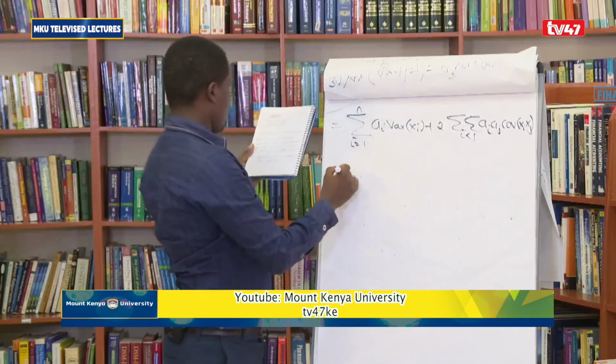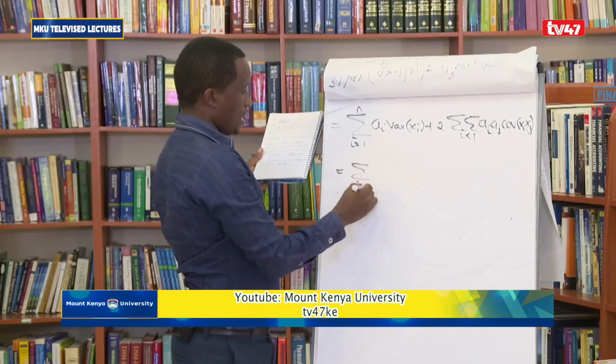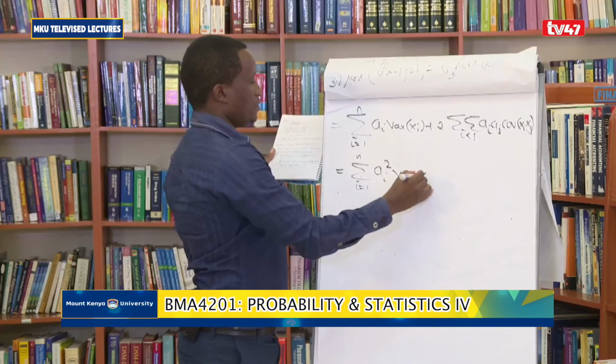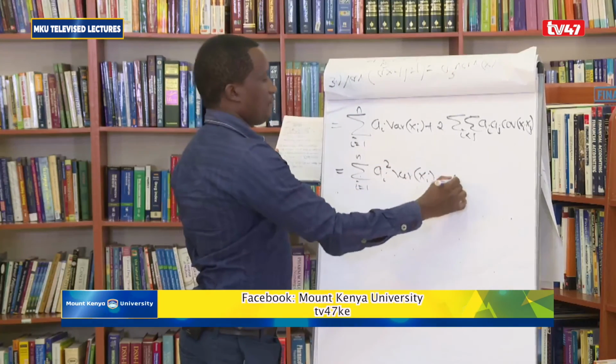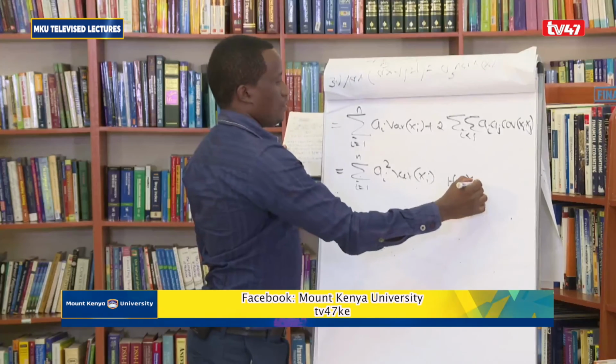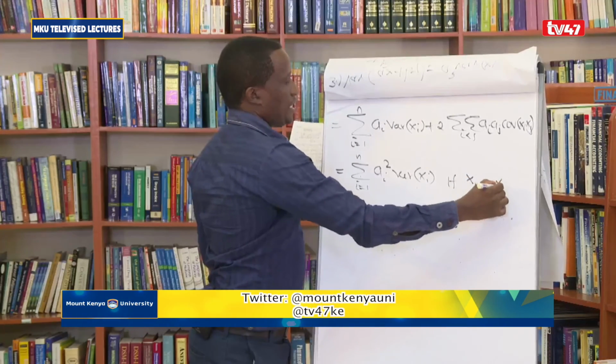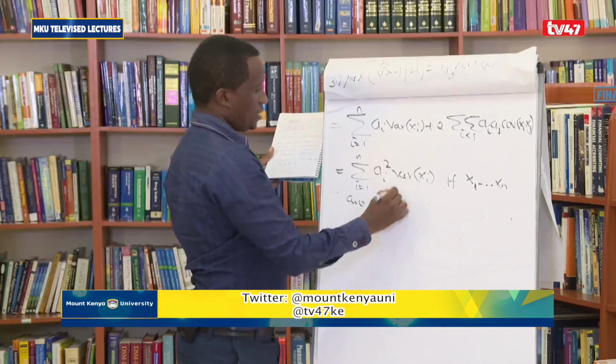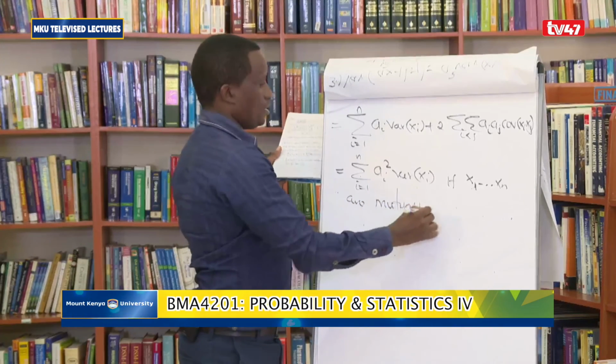So that this is the same as summation i equals 1 to n of ai squared variance of xi if x1 all the way to xn are mutually independent.